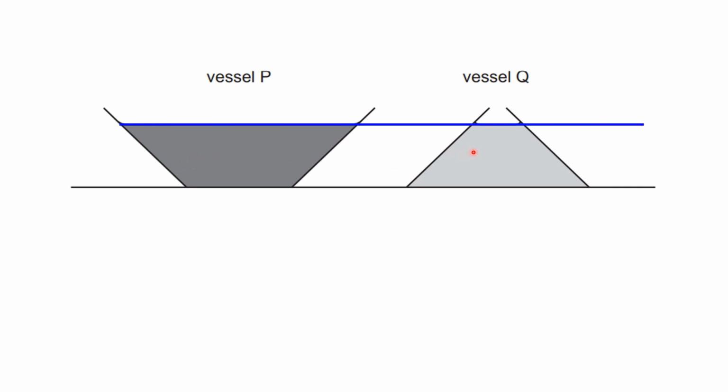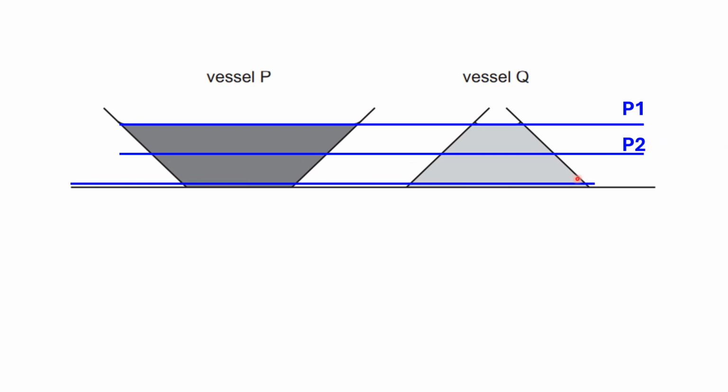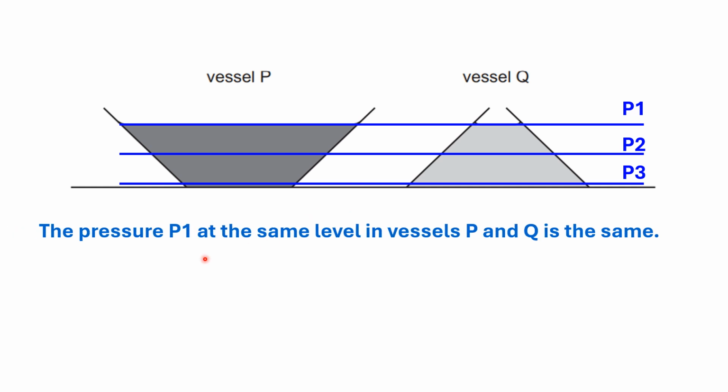This line represents the pressure P1 on both vessels at the surface. The second line represents the pressure at level P2, and the third line is the pressure P3 at the base of both vessels. The pressure P1 at the same level in vessels P and Q is the same.